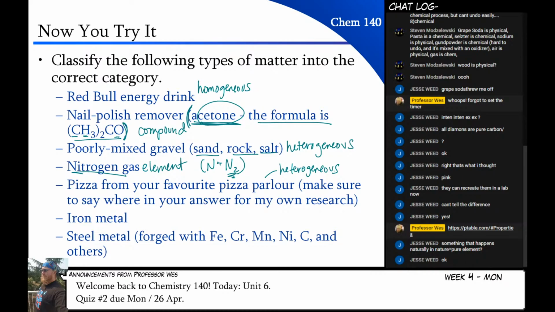But what is the best pizza parlor? The correct answer that I always wait for my students to say is Zeke's Pizza. If you have not eaten at Zeke's Pizza, you should. Although I was told the other day, why are you advertising Zeke's Pizza to your students? They're students. Zeke's Pizza is expensive. And I was like, wow, I'm privileged. I never thought of that. Yeah, for a large, it's like $30.